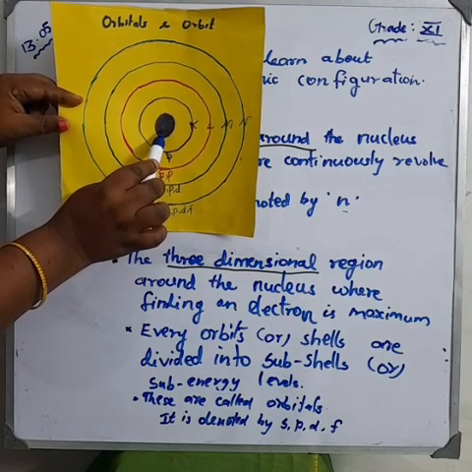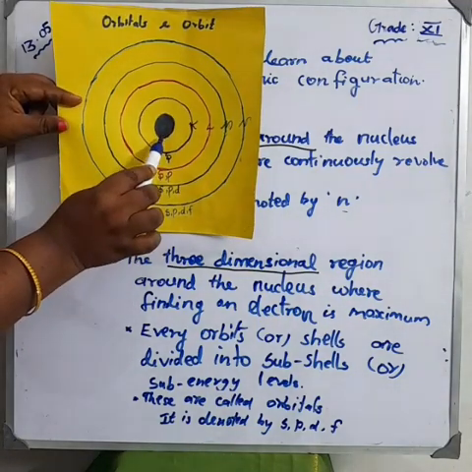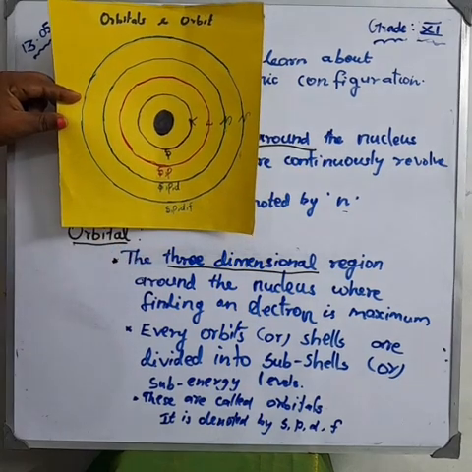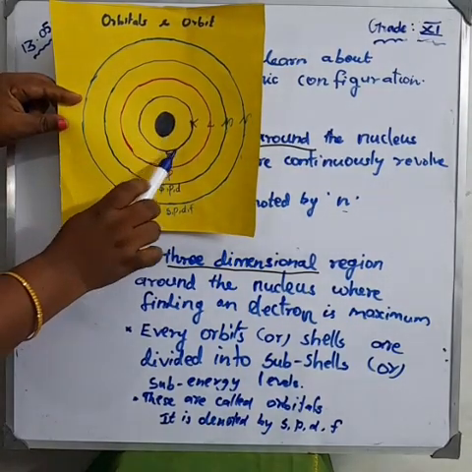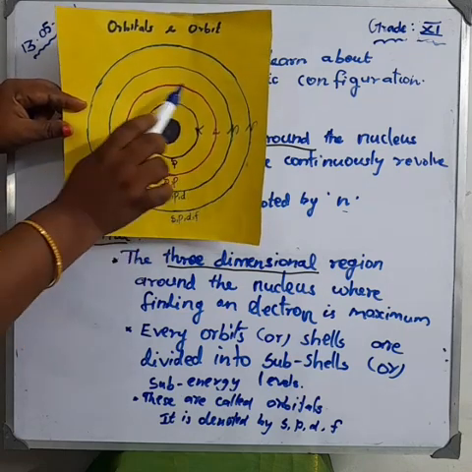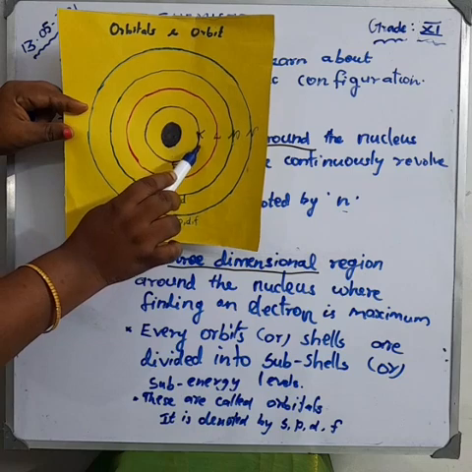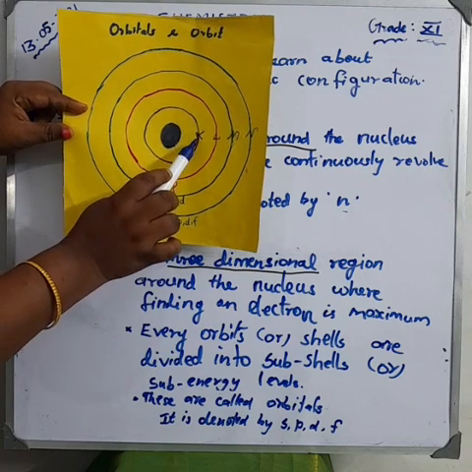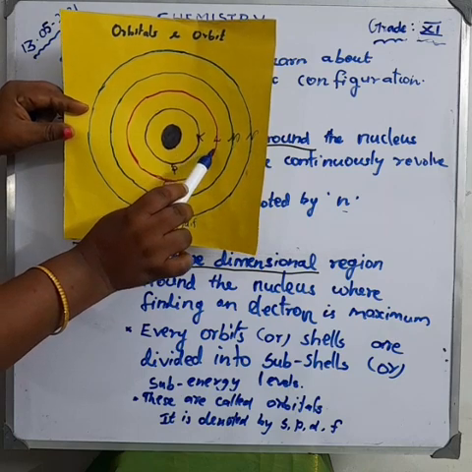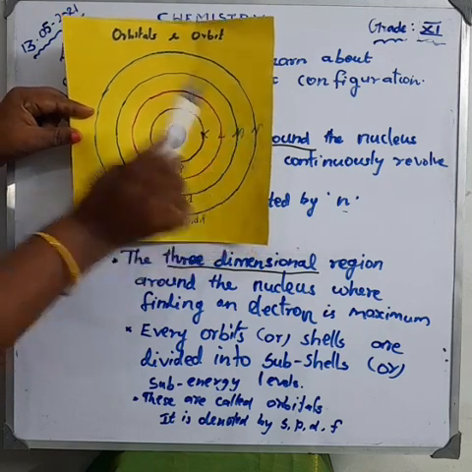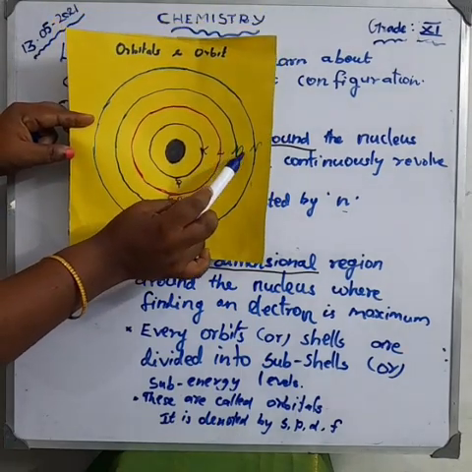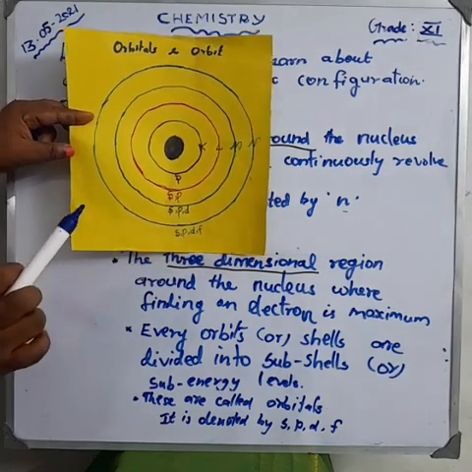And this nucleus is surrounded by the electrons, which revolve around the nucleus in a circular path. This circular path we call orbits. Whatever orbits are there, K, L, M and then N.